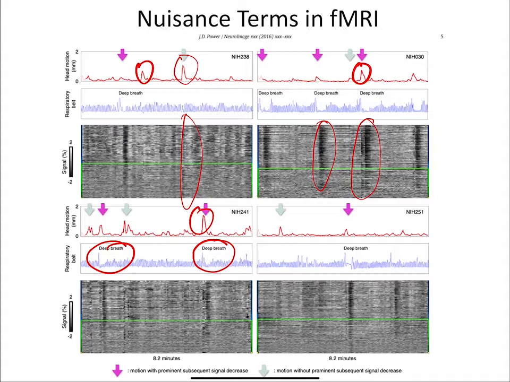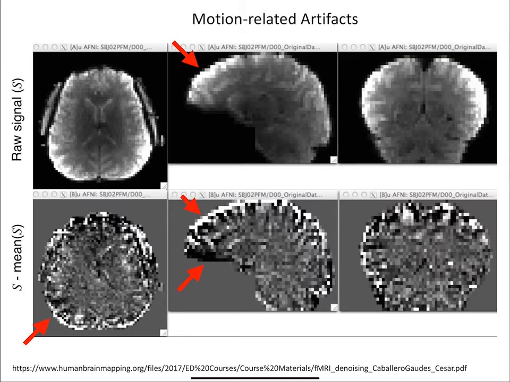But there's a lot of things that can affect your fMRI signal. Motion is one of the big ones, especially in certain populations like kids who tend to move a lot. A good way of QAing your data is that motion tends to be most pronounced at the edges of the brain.